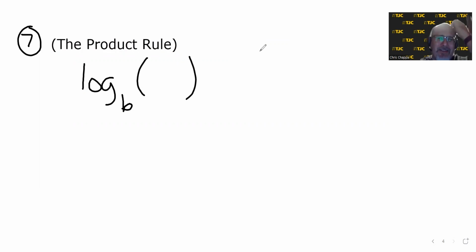And it goes something like this. Let's say you have a logarithm, any base, of a product, meaning a multiplication problem. I'm going to write this product as capital M times capital N.